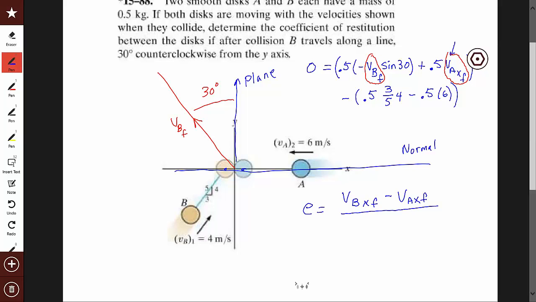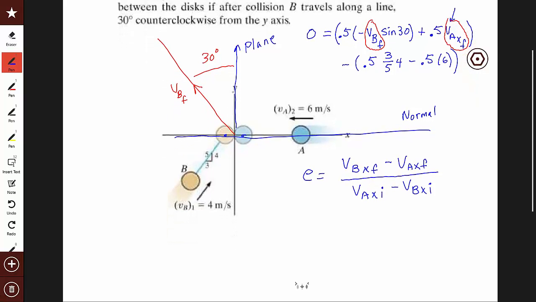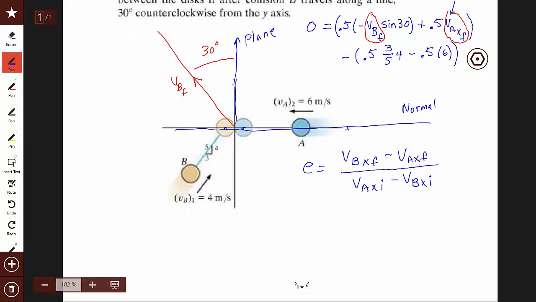So if you started with B before, then start with A. So this would be velocity of A in the x direction initially, minus the velocity of B in the x direction initially. Okay, or I think your textbook uses a negative in front, but it's essentially the same equation. However you can remember it or put it in your notes or whatever.